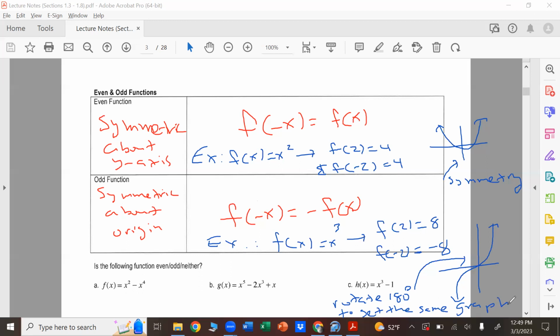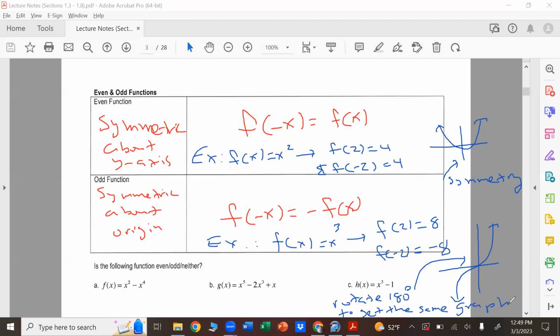Okay, let me explain. Do you guys cover this in algebra 2? No? Odd and even functions? No? Okay. So, symmetric about the y-axis. That's an even function.